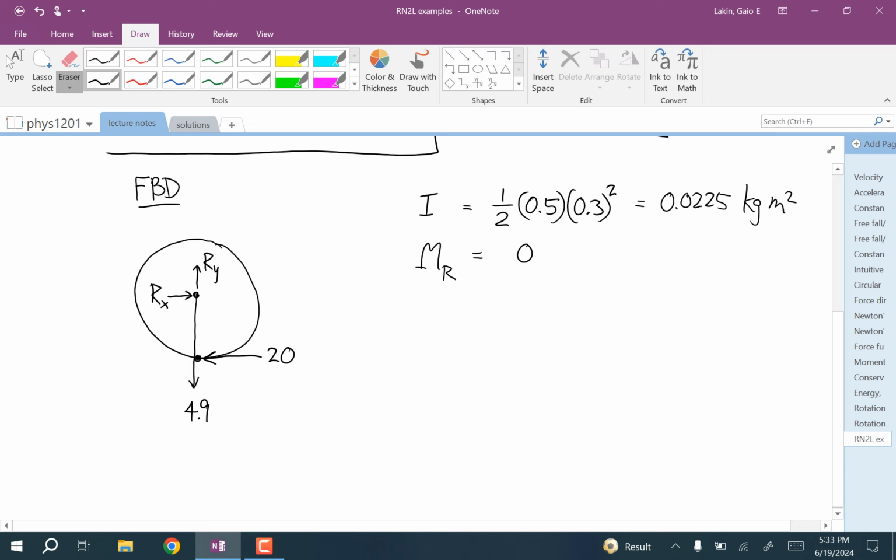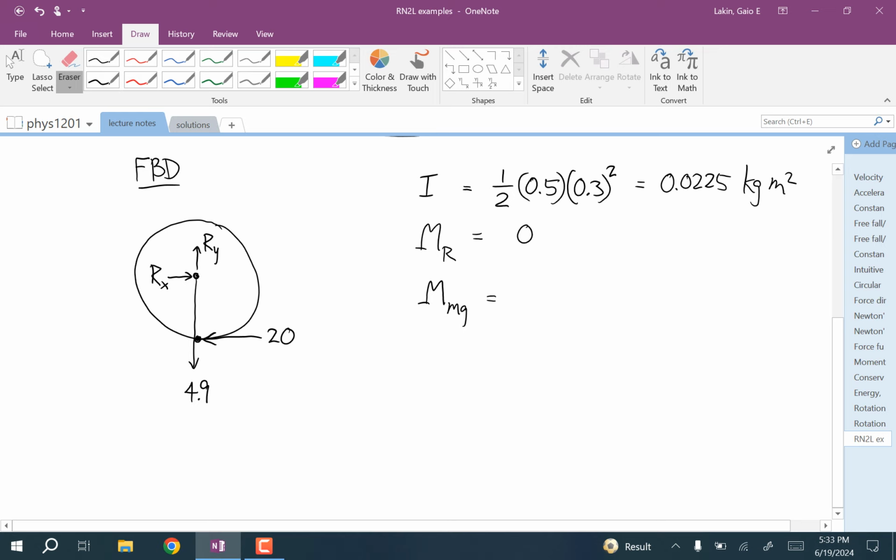The weight force, this one often produces a moment, but since in this case the line of action of this weight force goes right through where the hinge is, D is 0 for this too. That distance is 0, so the moment is 0.